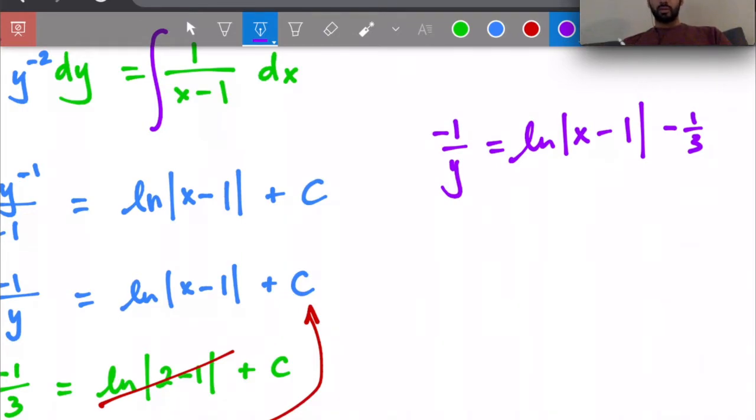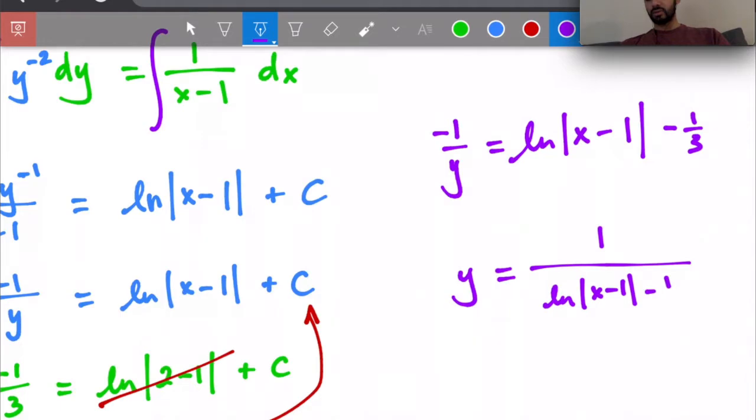And now I need to write this as a y equals equation. So if this is a fraction and y is in the denominator, and I flip this fraction, y is now in the numerator. If I flip this side, I have to flip this side. And I can put a 1 in the numerator here, and natural log x minus 1 minus 1/3 in the denominator here. So I flipped both of these fractions.